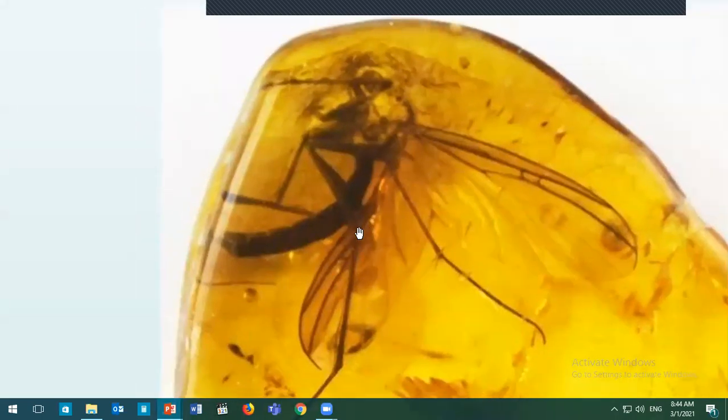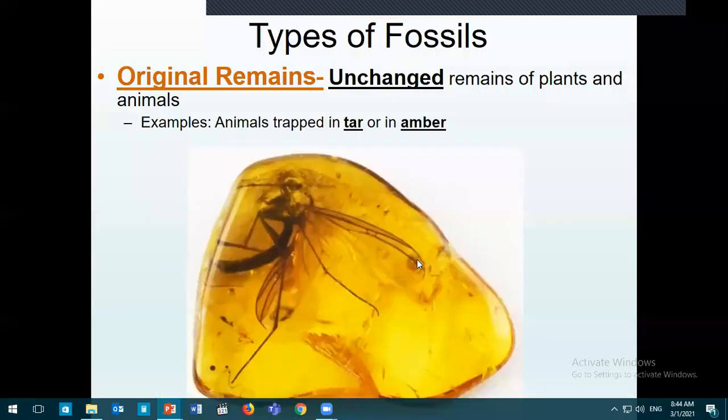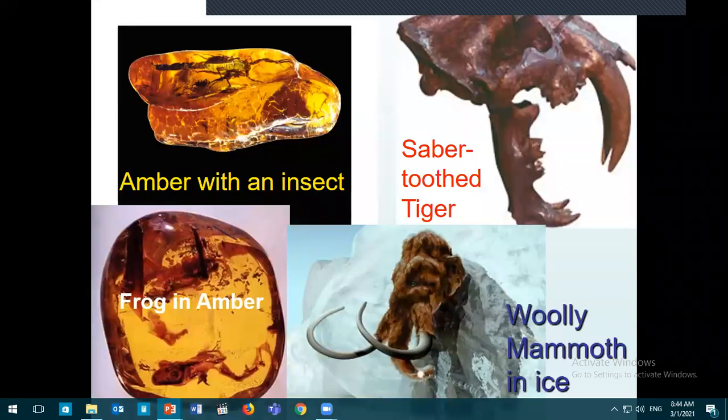Can you see? This is a mosquito, for example. You can see the wings, you can see its body, even the needle where it sticks people. This is amazing, but this is also unchanged remains because you can still see all the details of the insect.